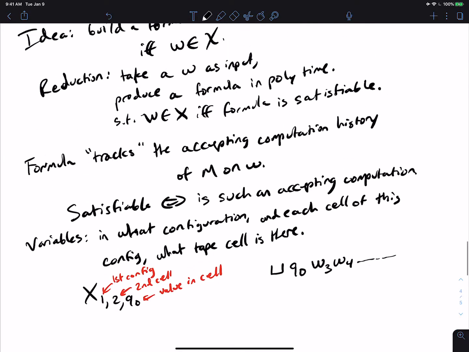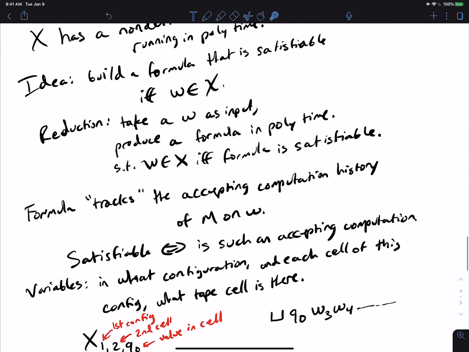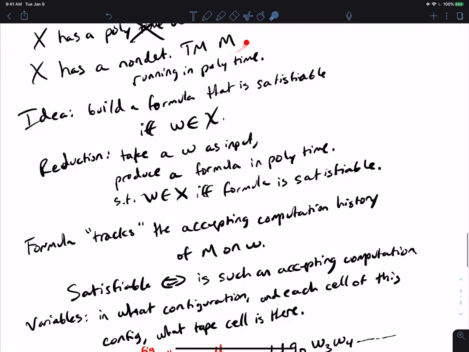And we can build this formula in polynomial time because the Turing machine that we are given here also runs in polynomial time. So that means that the number of configurations that we could ever have is polynomial in size.